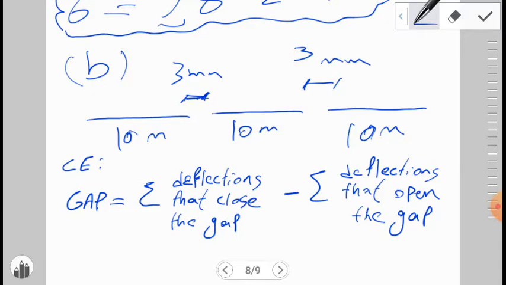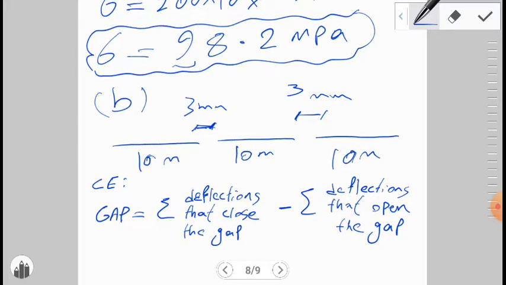Now we have the one compatibility equation. CE: gap is equal to the deflections that close the gap minus the deflections that open the gap. You know that the gap is 3 millimeter.